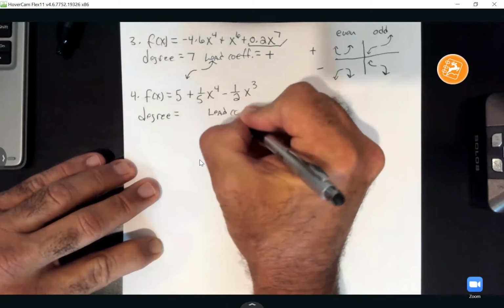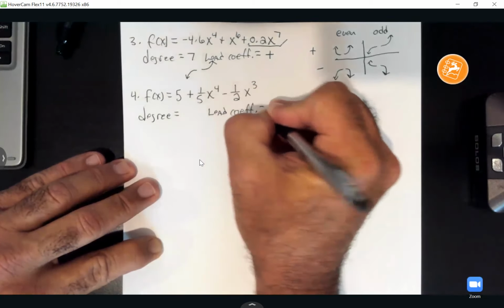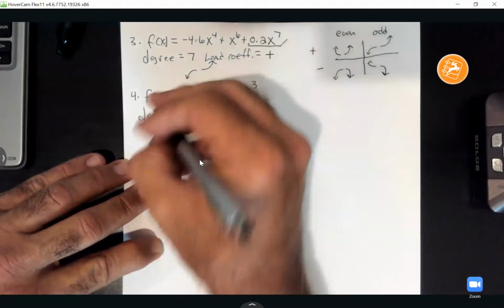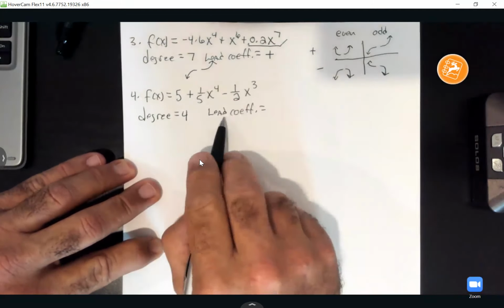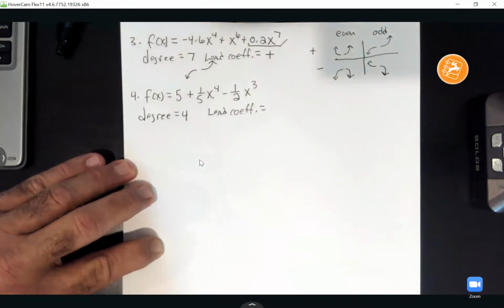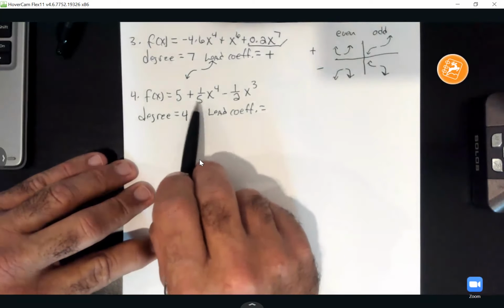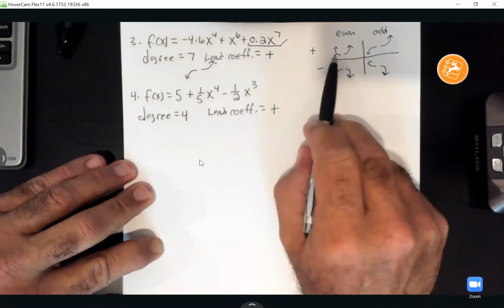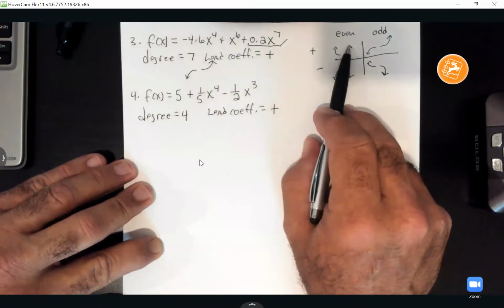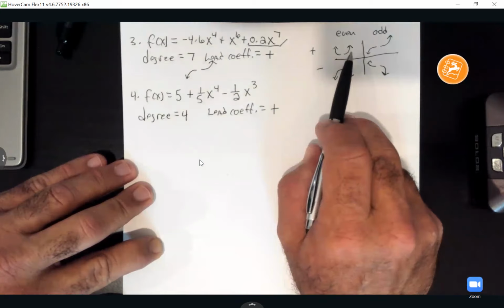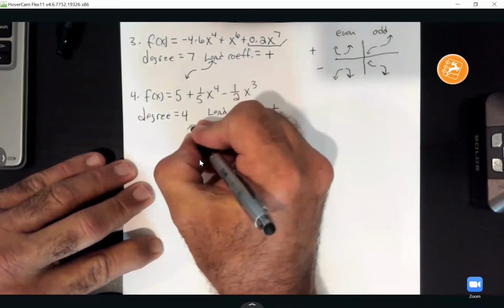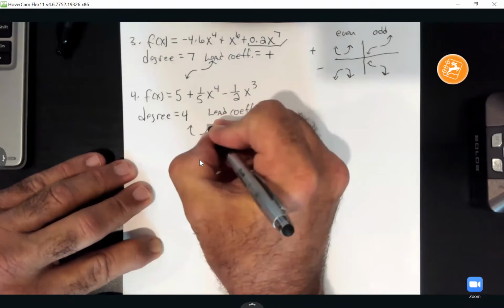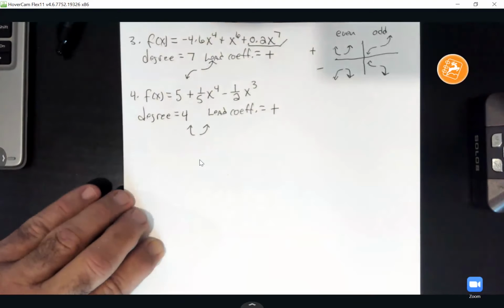And then we'll look at the lead coefficient. 4. So the degree is 4. So that makes the lead coefficient what? Positive. Positive, because it's a positive 1/5. Good job. So let's see. When it's an even degree and it's positive, it's going to be like the first picture. In both ends, we'll go uphill.